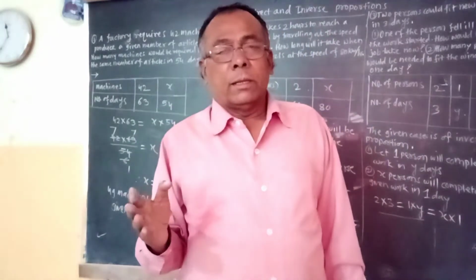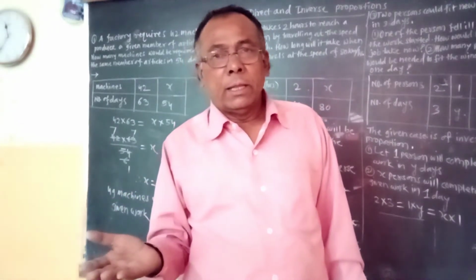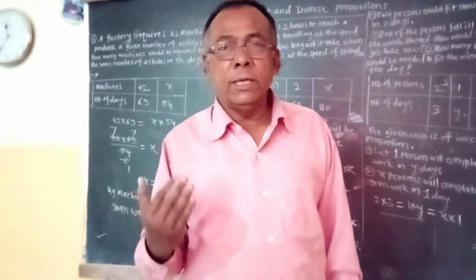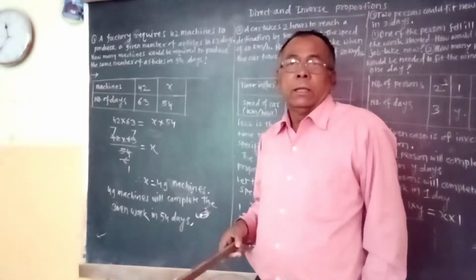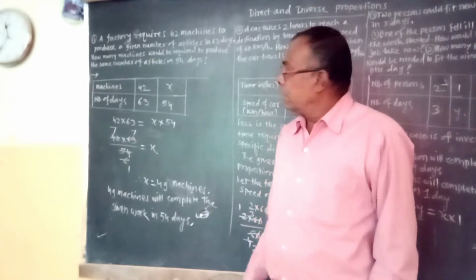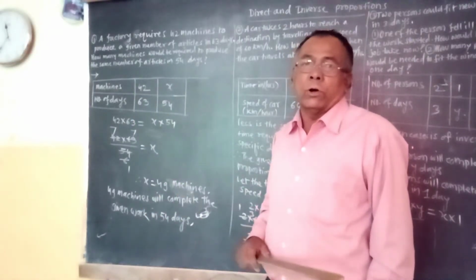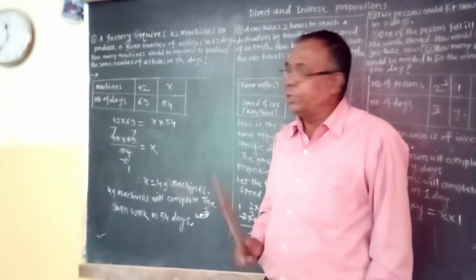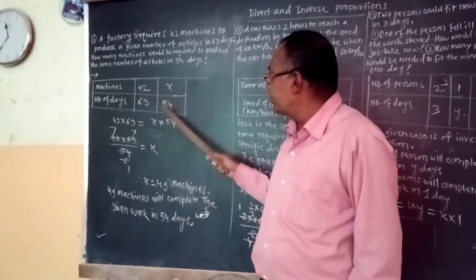Here more the machines, less will be the time, and therefore the given case is of inverse proportion. And we know that in inverse proportion the product of X and Y is constant, and therefore here 42 into 63 is equal to X into 54.